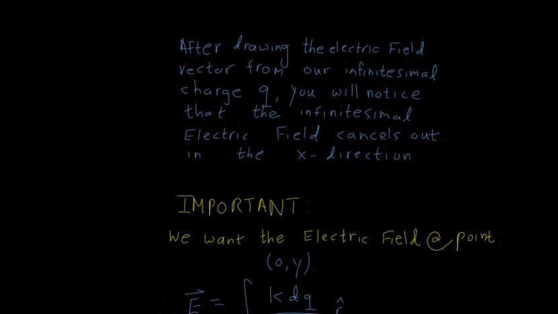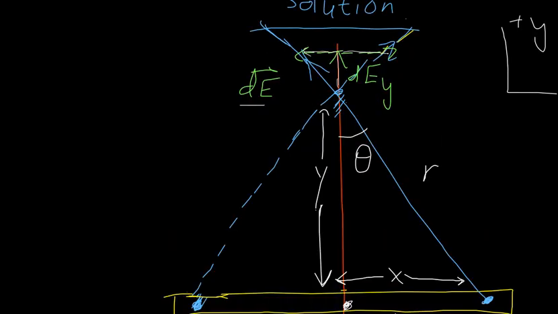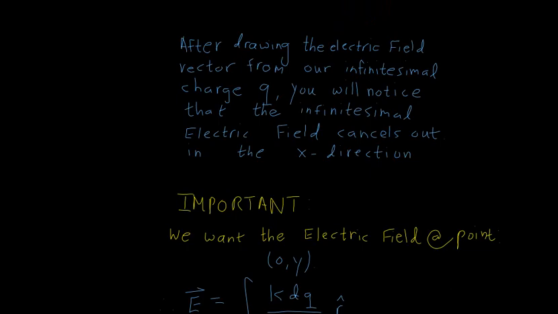The electric field cancels out in the x direction because, based on the location of our infinitesimal charge, we draw a line to our infinitesimal electric field vector. That vector is made up of x and y components. Based on the geometry, the y component is preserved. The x components cancel because one's positive, one's negative. That's why the field in the x direction is completely wiped out. I hope that makes sense.